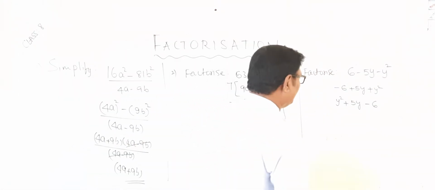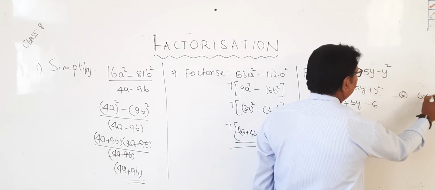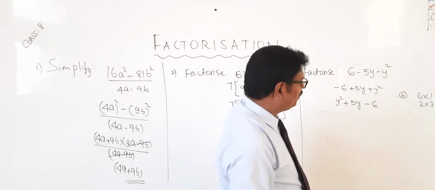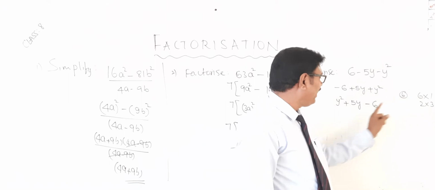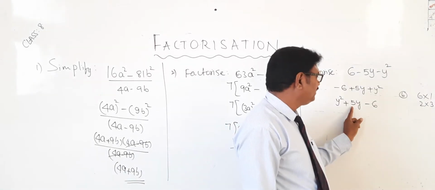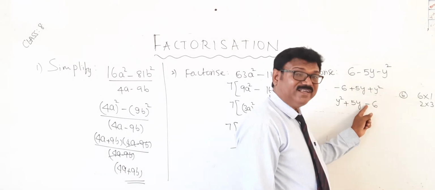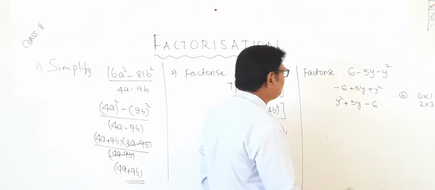Now, the factors of 6 are 6 into 1 or 2 into 3. 2 plus 3 is 5, but both must be plus, and here when you multiply they will become minus. Not possible. Therefore, the other one is possible.